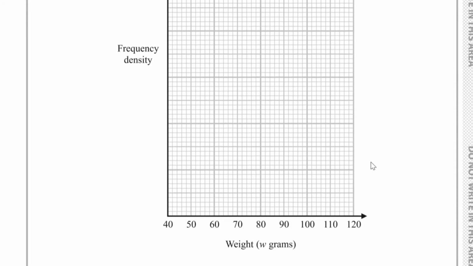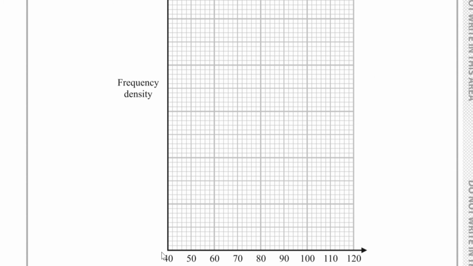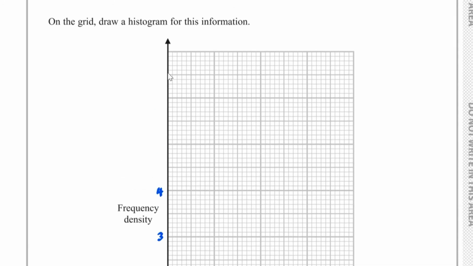So now, if we create our scales, we've got 0, 1, 2, 3, 4, 5, 6, 7.